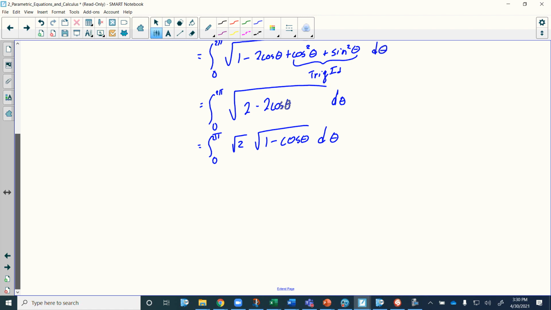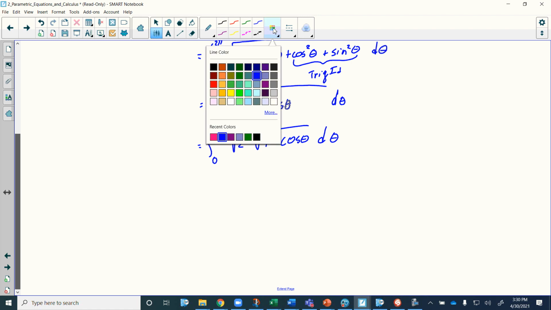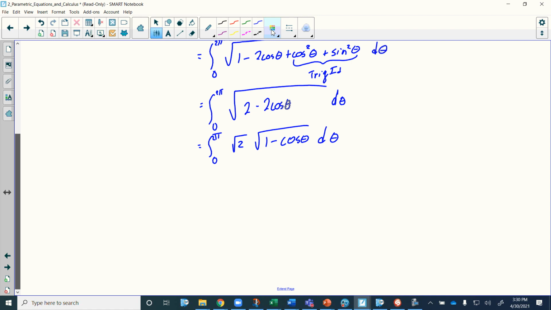And one of our trig identities that we have been presented with in the past looks like this. If I have sine squared of theta, that is going to be equal to 1 minus cosine of theta over 2. And this is where we're seeing the similarity with a trig identity that we've seen before.